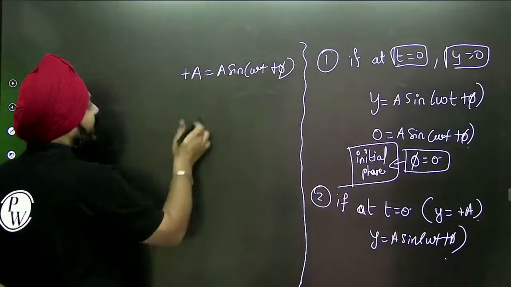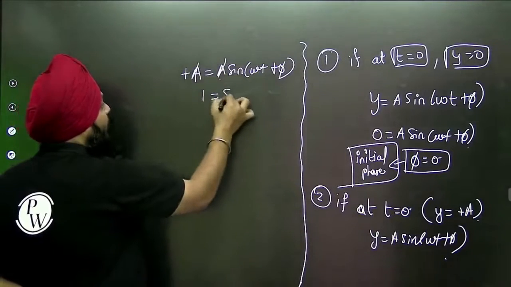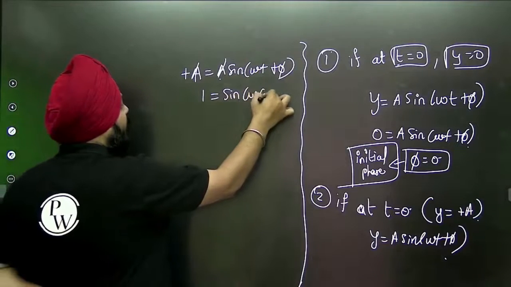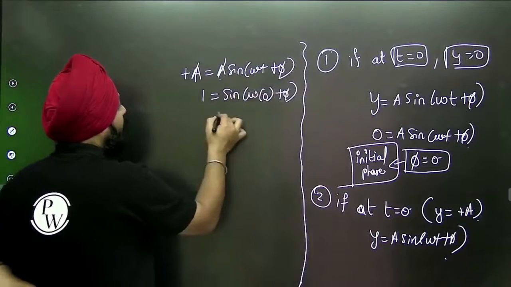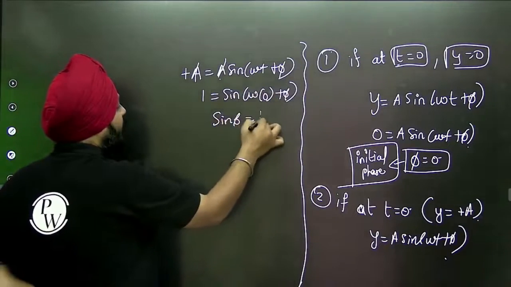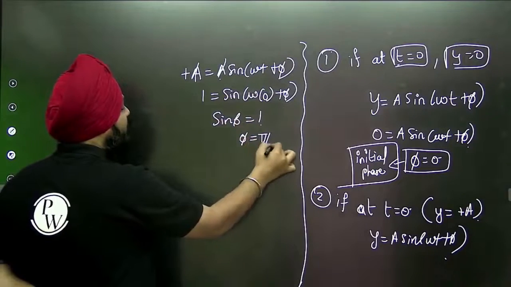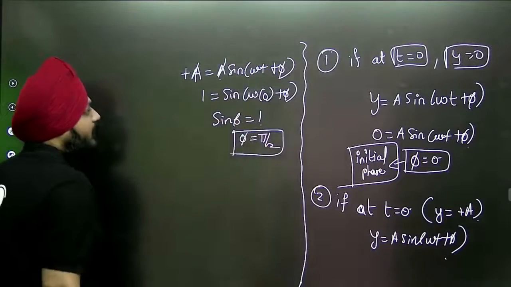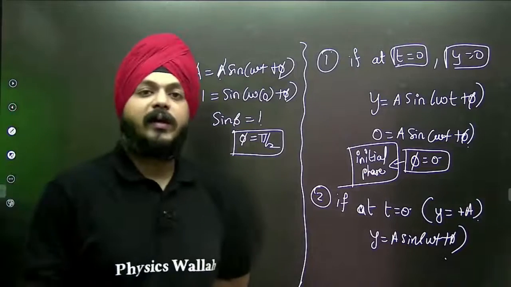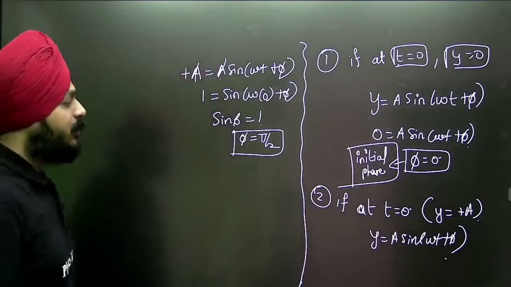From this point the particle starts its motion. 1 is equal to sine of omega times 0 plus phi, so sine phi is equal to 1, and the initial phase phi is pi by 2. This is going to help in understanding the concept of the phasor.